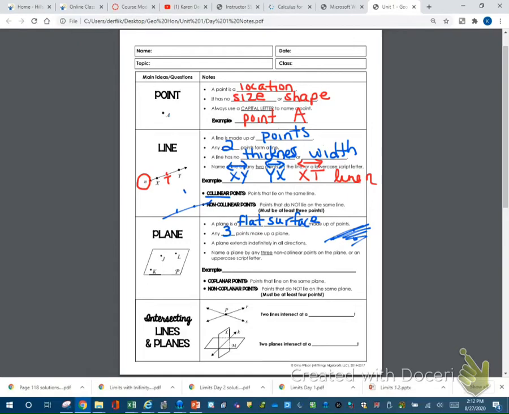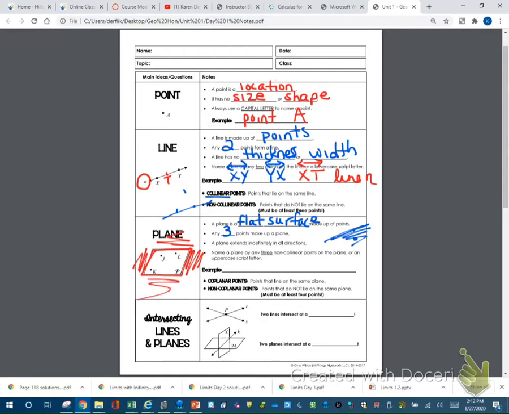Alright, so now a plane, it goes on forever in all directions. So even though we may draw or represent it with something that looks like a piece of paper or a parallelogram like this, it actually goes out forever this way, forever this way, forever this way. So a plane goes out forever in all 4 directions.